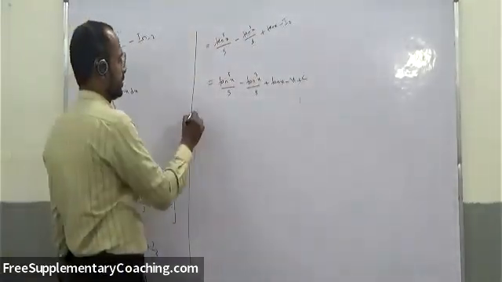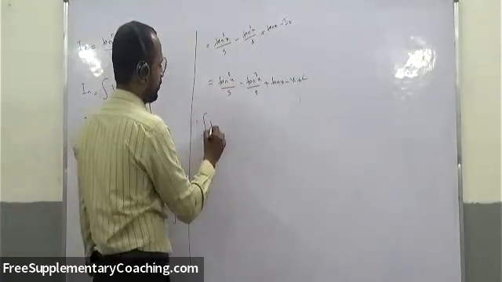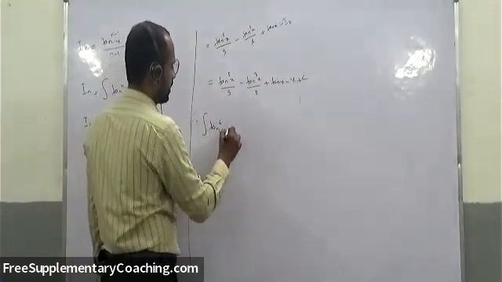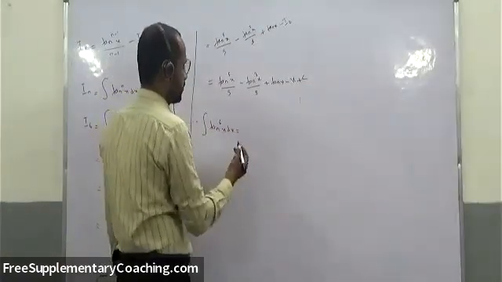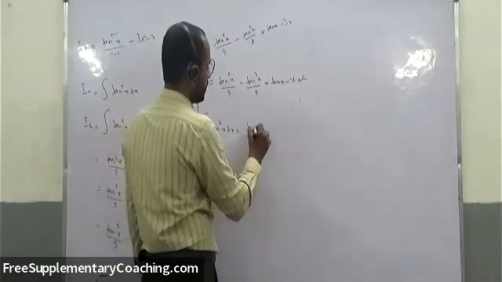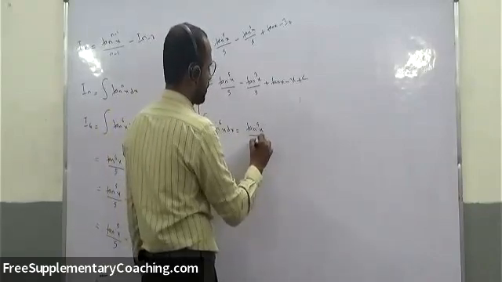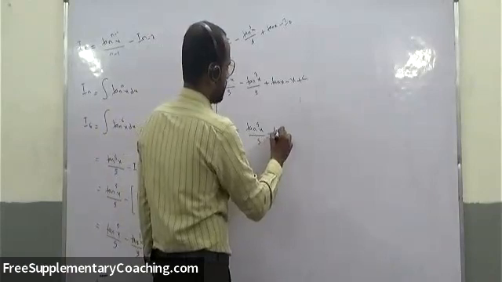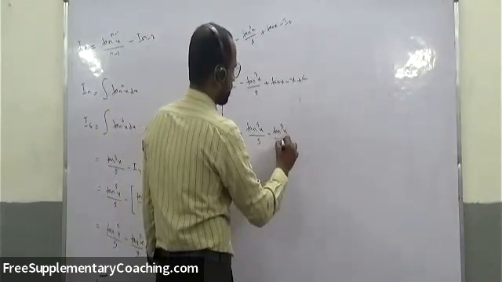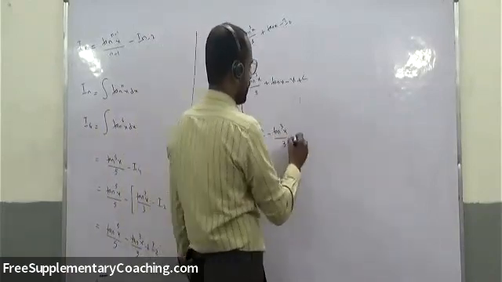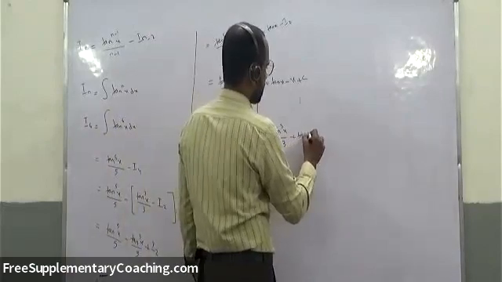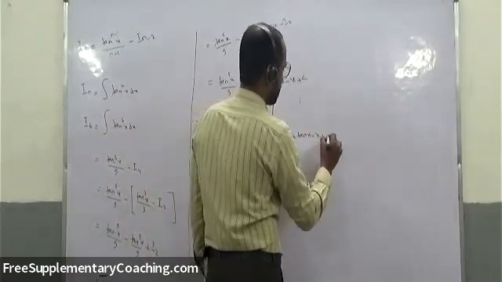Therefore, integration of tan^6 x dx is equal to tan^5 x by 5 minus tan cube x by 3 plus tan x minus x plus c.